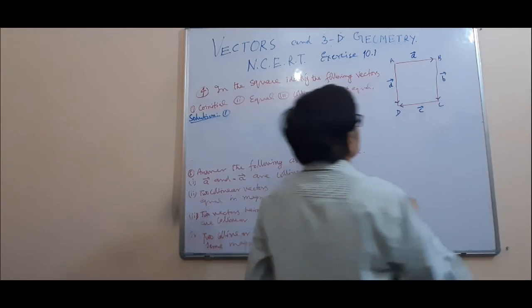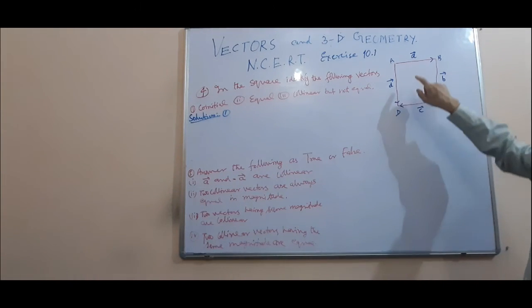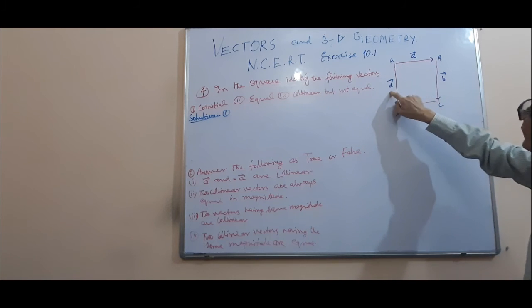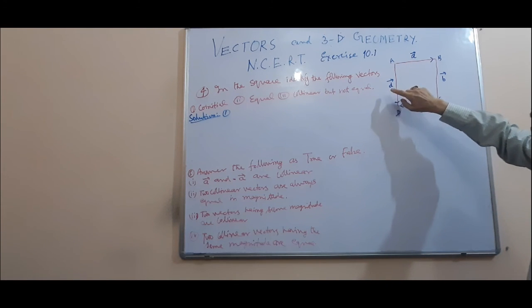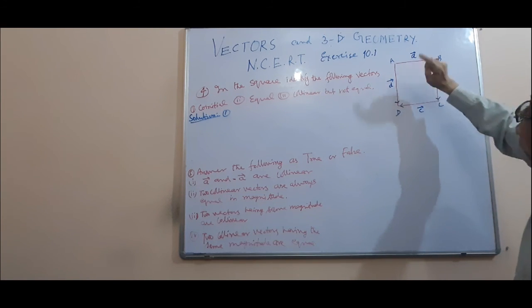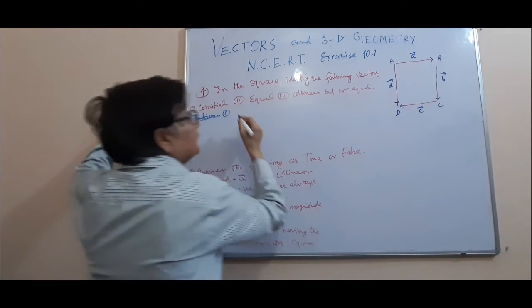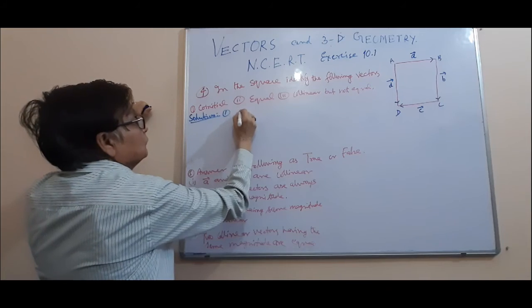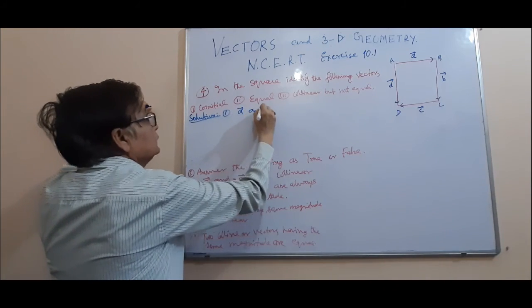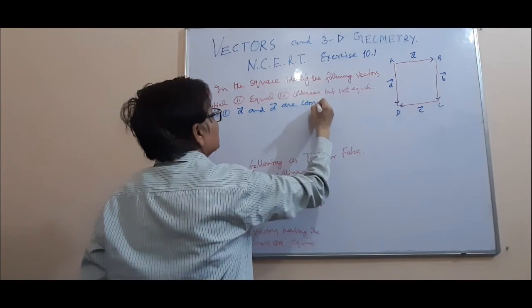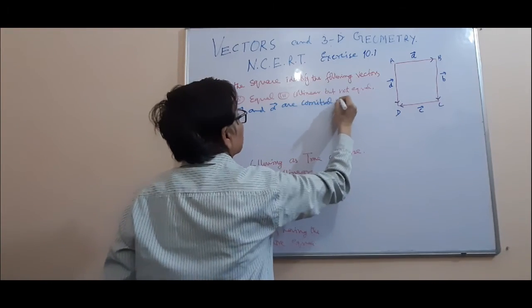So from the figure we are seeing the vectors a, initial point is A, and another vector is d, whose initial point is also A. That is, both are originating from A. So we can write vectors a and d are co-initial vectors.